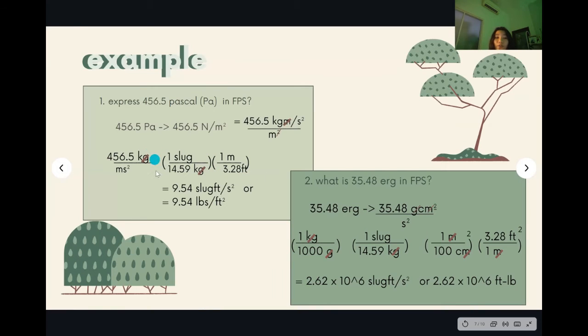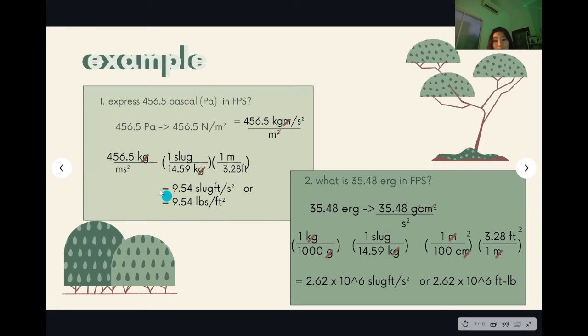Don't forget to put parentheses on each. So it will be written as 456.5 times 1 times 1 divided by 14.59 times 3.28. It will be 9.54 slug feet over second squared, or 9.54 pounds over feet squared.